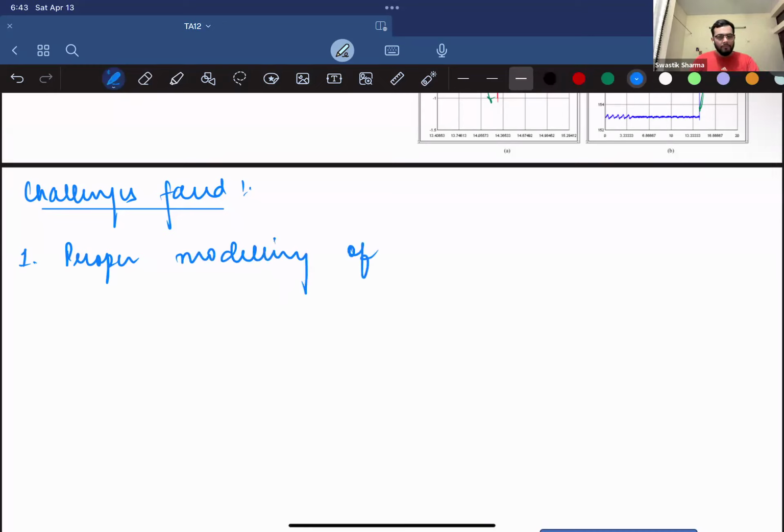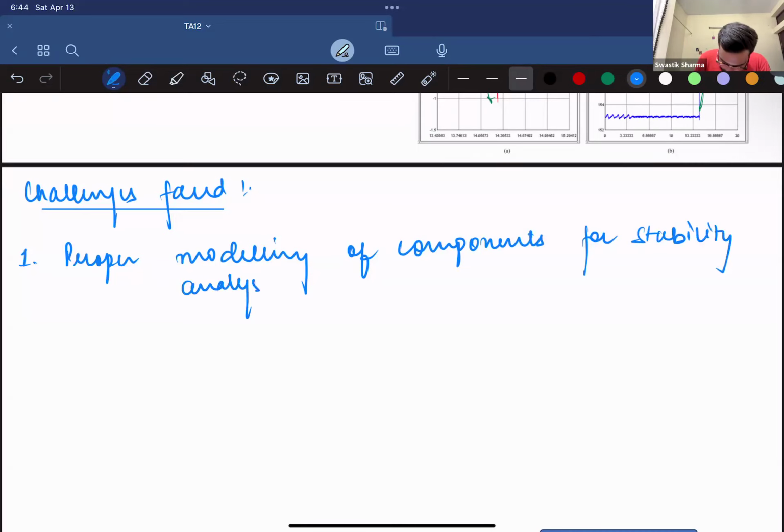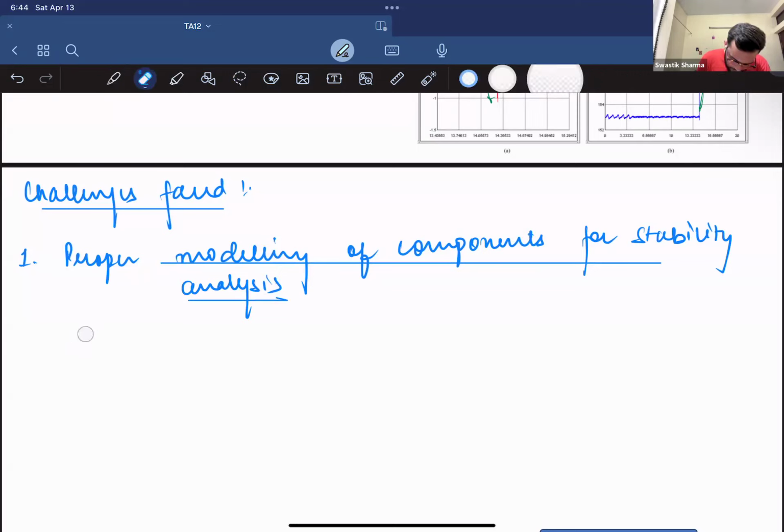All of your equipment and components that are in there for stability analysis should be properly modeled. We all know that, right? But what can be the issues? One issue is that you may inadvertently employ an average model of your PV's converters.